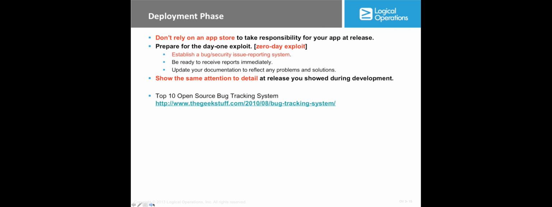So most importantly, before you hit deployment, before it hits the Play Store, establish an issue reporting system. I've added here the top 10 open source bug tracking systems. Whether you're using Bugzilla, which is probably the most common one out there, or any of the others, have it established before you hit the Play Store, not after.